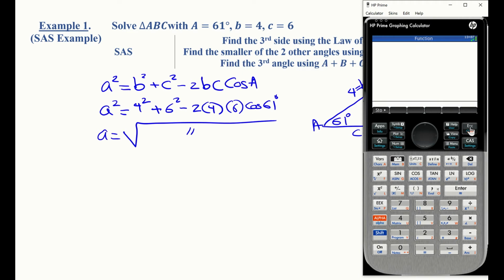And then we'll just go ahead and type in second squared, which usually brings up the square root function. And then we have 4 squared plus 6 squared minus 2 times 4 times 6 times cosine of 61.